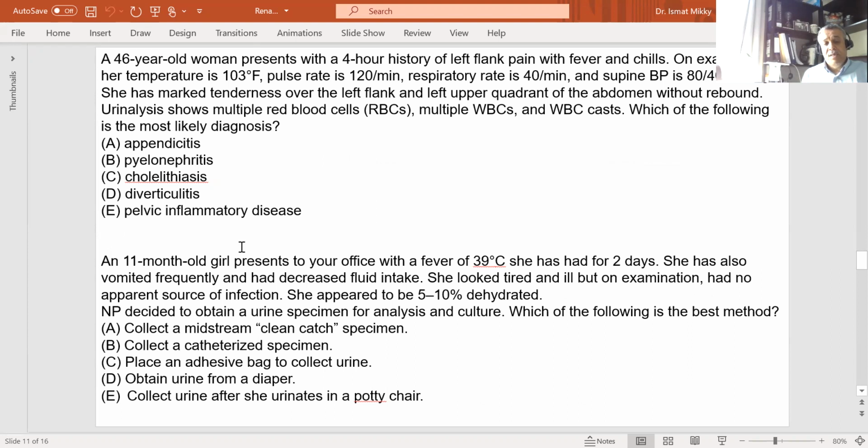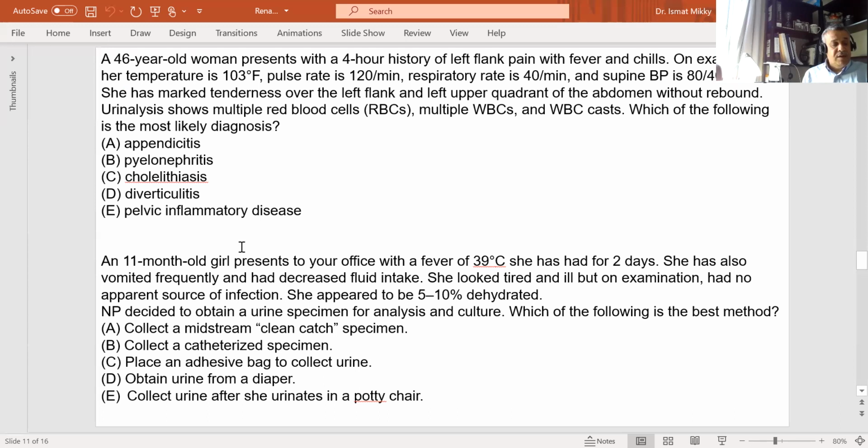Next question is, a 40-year-old woman presents with a 4-hour history of flank pain. So this is a classic case study of a patient who was experiencing pyelonephritis.